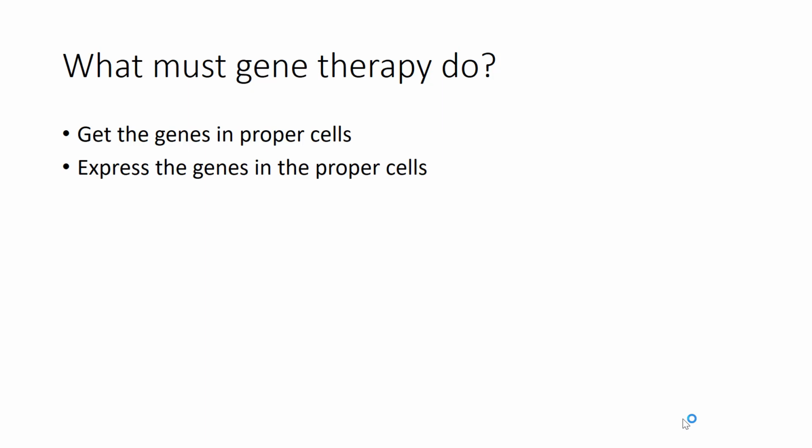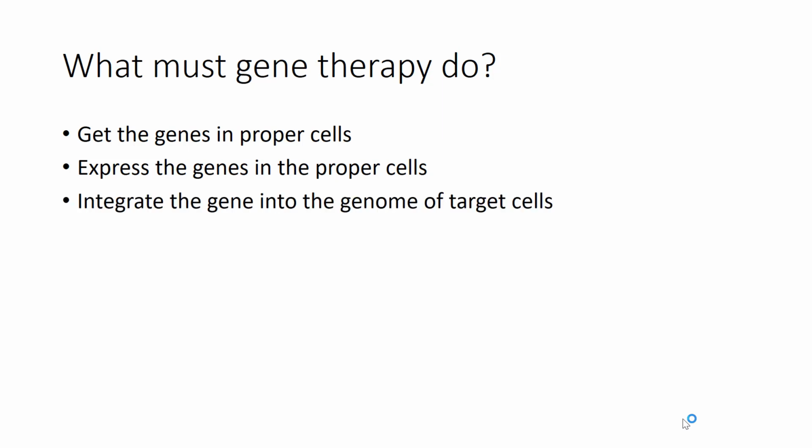And then we need to make sure that those genes are expressed. It's not just getting the gene in there, but you have to also ensure that that gene gets expressed in those target cells. And not just that, but you need to get that gene to integrate into the genome of the target cells so that when these target cells go through mitosis, they produce daughter cells with that particular gene in it. And this, of all of them, is one of the more challenging.